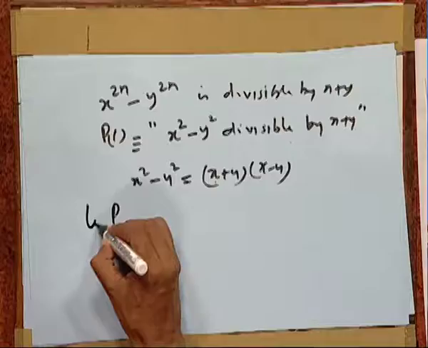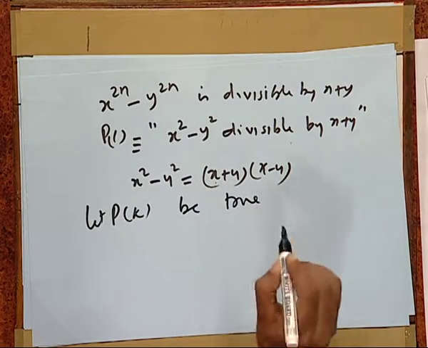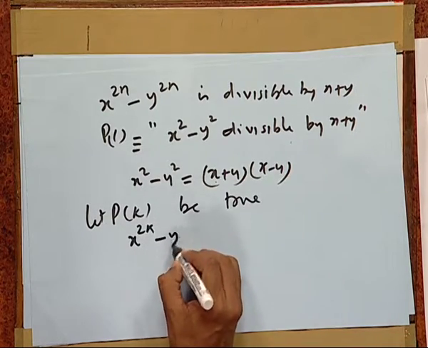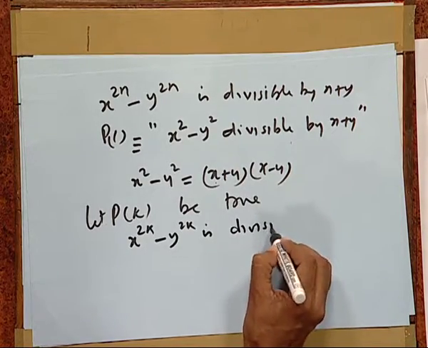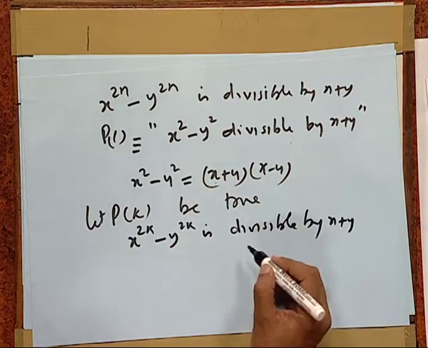Our next step is to assume it for k and then try to prove for k plus 1. So, let us assume that Pk be true. This means x to the 2k minus y to the 2k is divisible by x plus y.